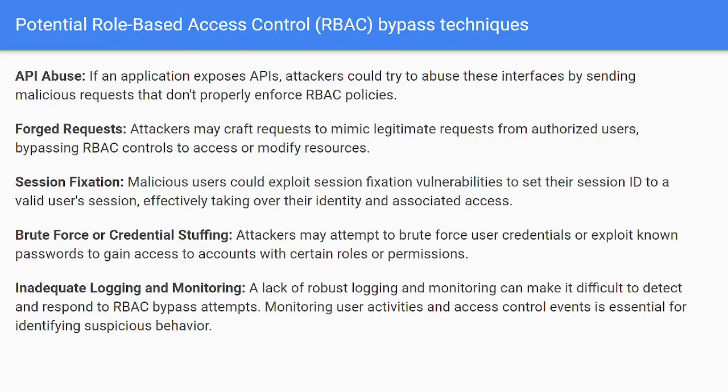For example, when someone sends an Excel sheet or a document to you and it says you don't have access to do this thing, request access. You understand? It can forge something like that so that he can have access to that particular resource or modify that particular resource. You understand? Then we have session fixation.